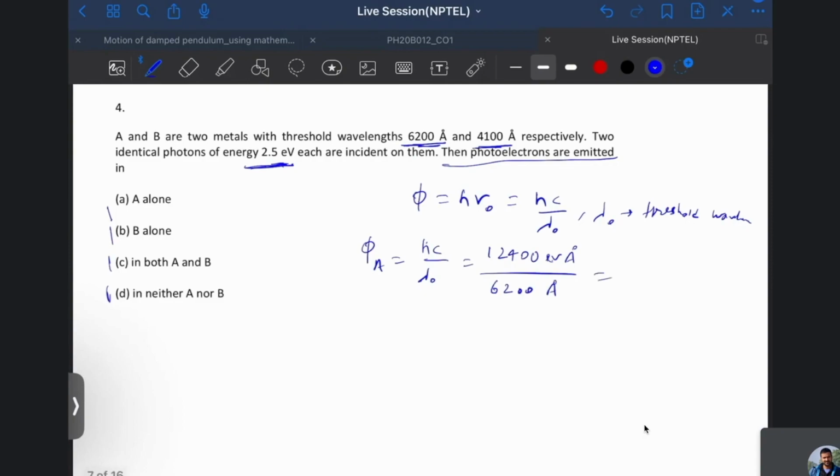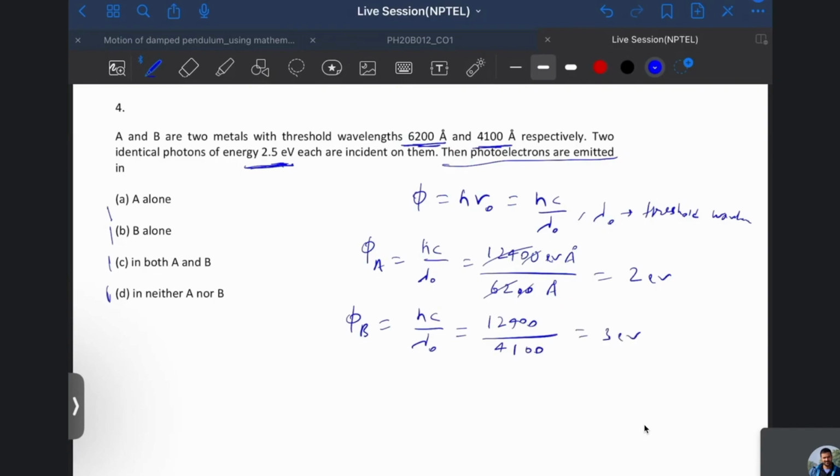So this will be just 2 electron volt, correct? And similarly, work function for B is hc by lambda naught, equal to 12400 divided by 4100, which is 3 electron volts.